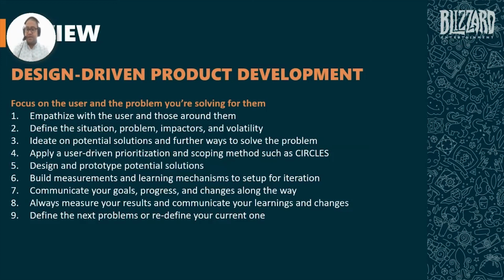You're starting with empathizing with what the user is dealing with. You're defining the broader situation that the user is in, the problem or problems that they're dealing with, what impacts them, and how likely things are to change, right? That volatility. You're ideating on potential solutions and further ways to solve the problem that you can either come back to later or share with more teams and get them along for the ride.